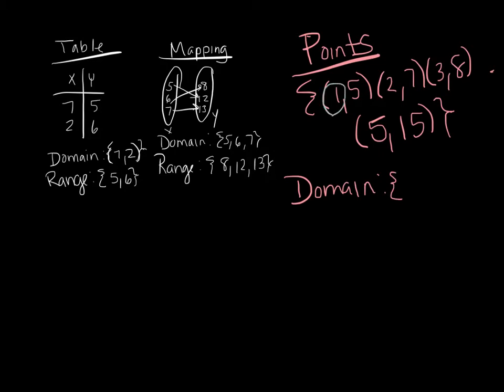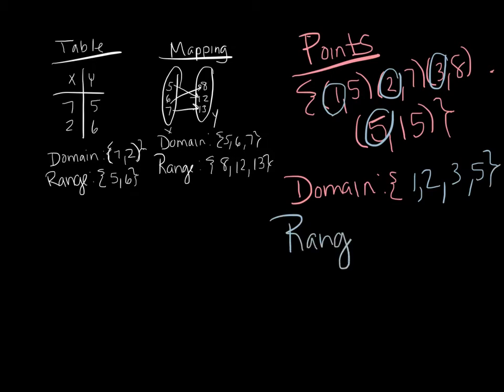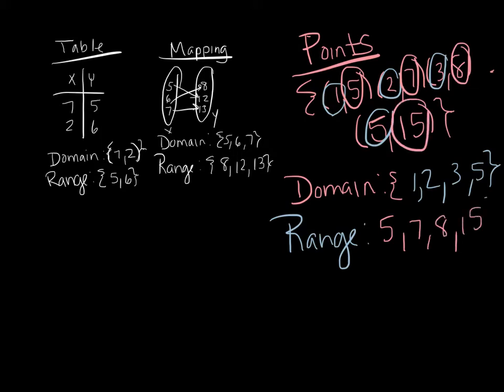So we got a 1, a 2, a 3, and a 5. My range is always my y values, so that's going to be my 5, my 7, my 8, and my 15. That's my domain, and that's my range.